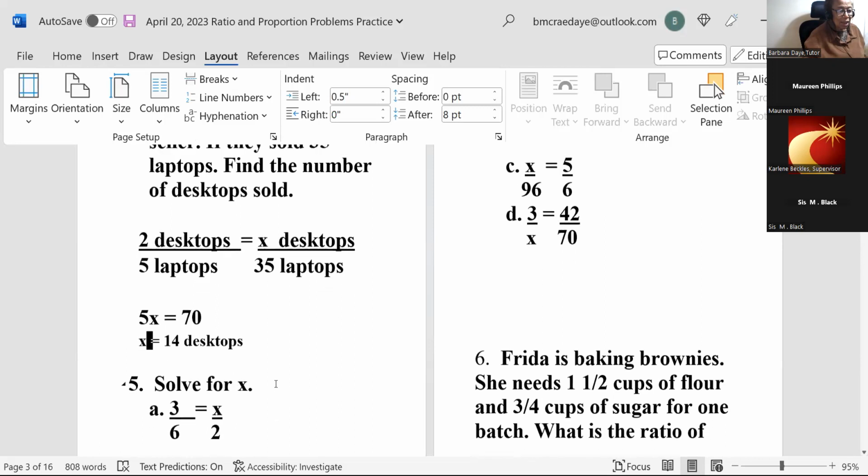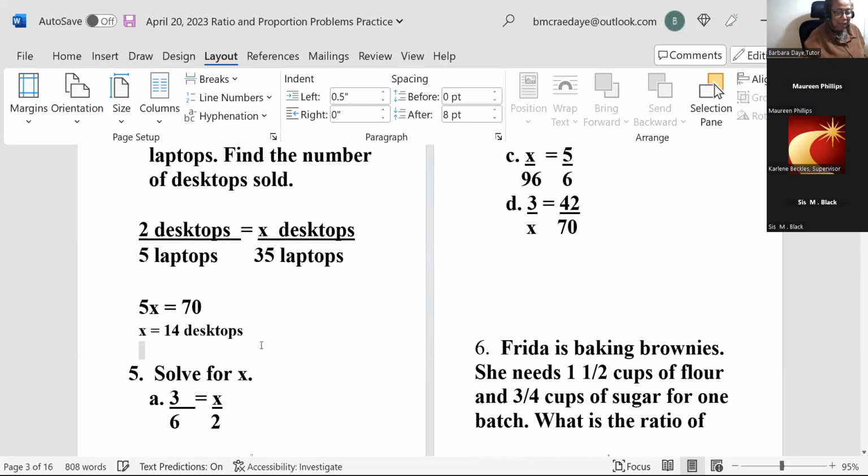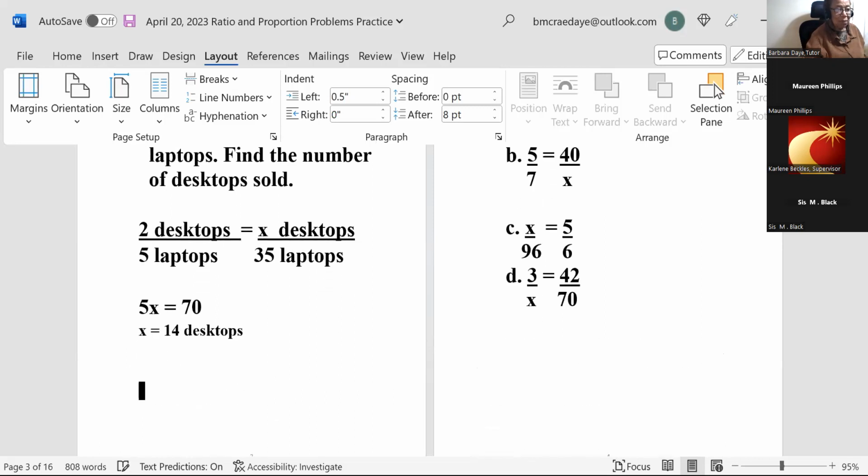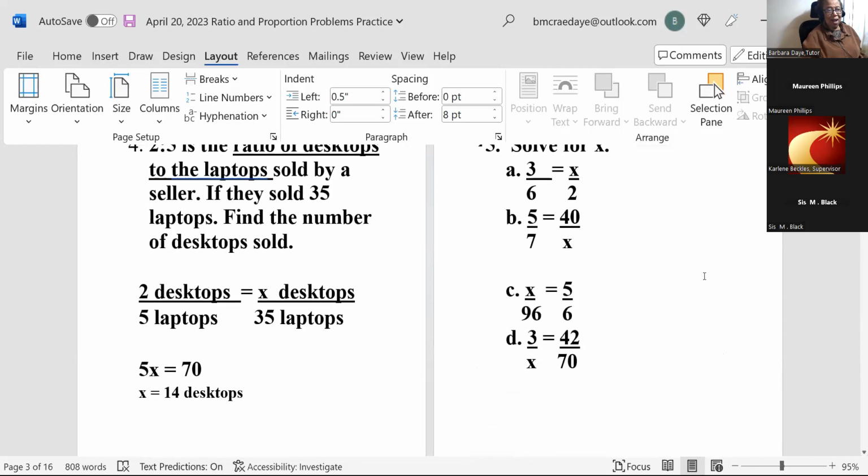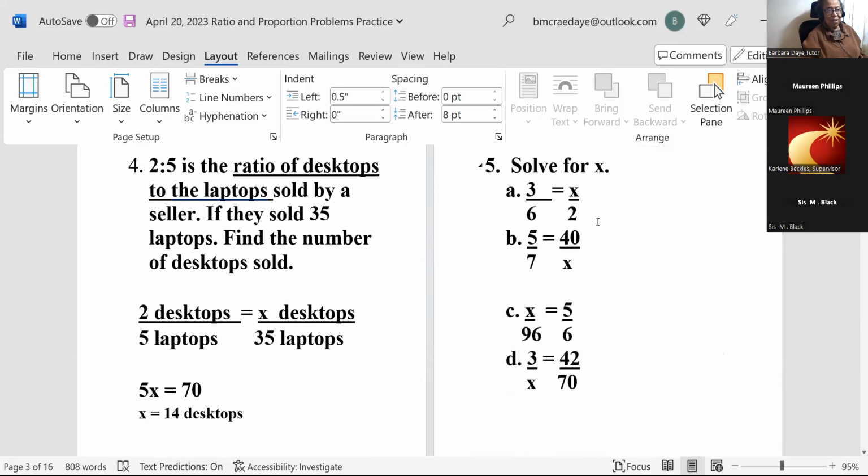You're doing good. Okay, now I'm giving you a cross multiplication, and I'm saying solve for X. In all cases, I want you to solve for X, for A, B, C, and D. Tell me the answers you get for X. Some of them are mental math.